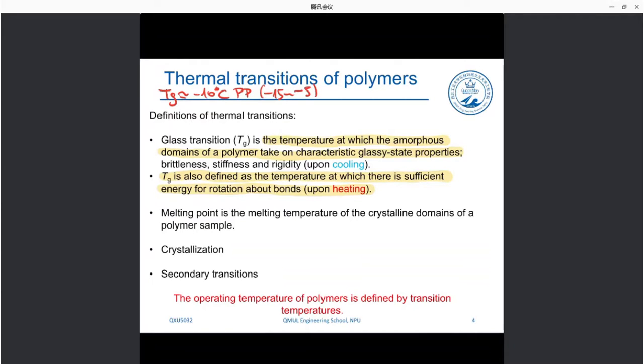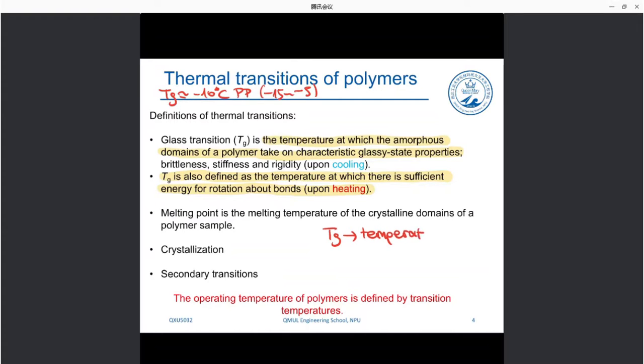It doesn't really matter. It is generally a temperature range. Of course, in order to establish a single temperature, you will see how we define the measurement for the glass transition in an experimental case, but generally Tg is considered a temperature range.